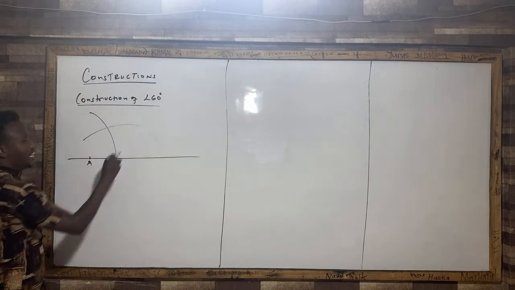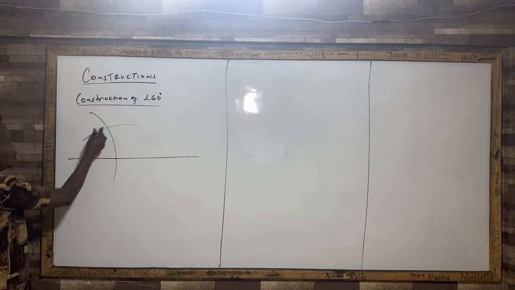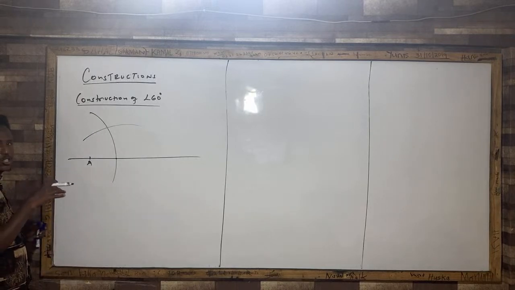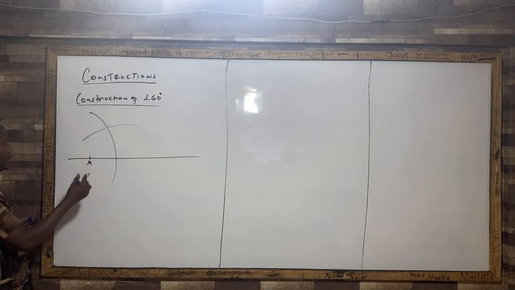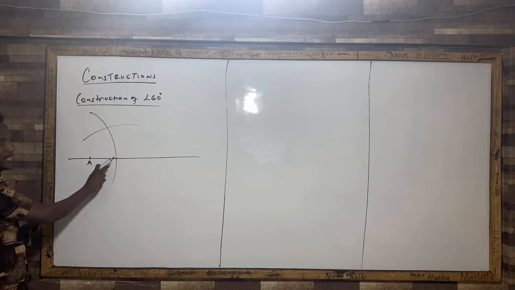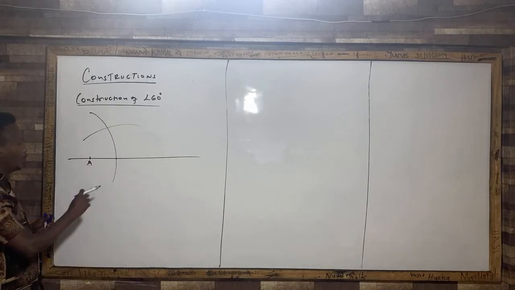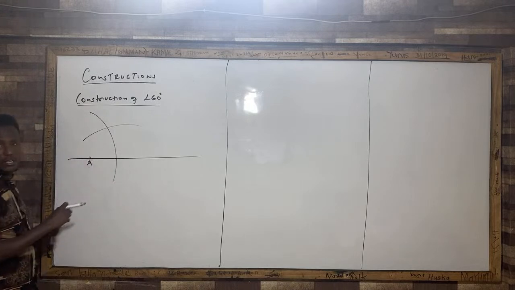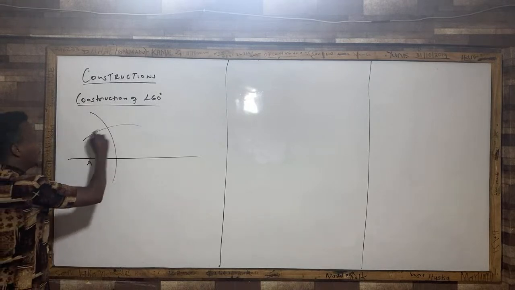Then draw another arc here that will bisect the original arc. I said come with the radius using the pair of compasses. Come here, draw an arc. Remember, this arc must bisect the straight line. So come to the point where that arc bisected the straight line, then cut this arc again.